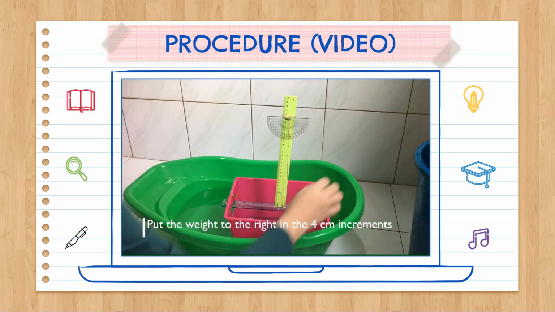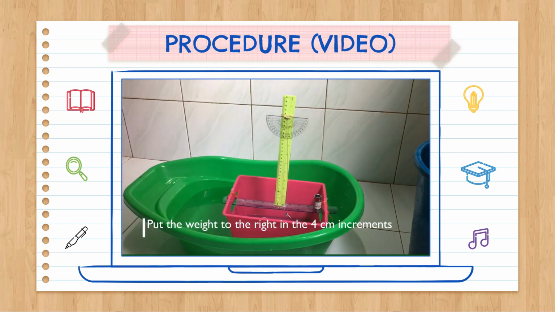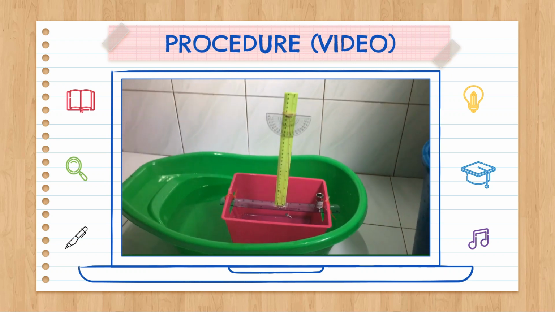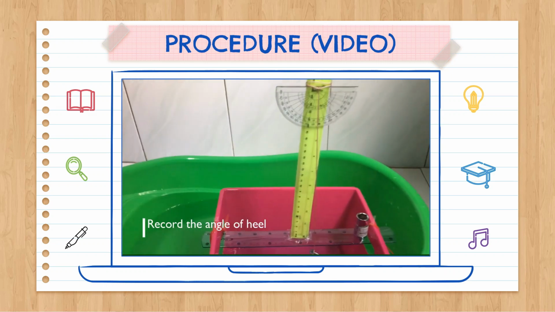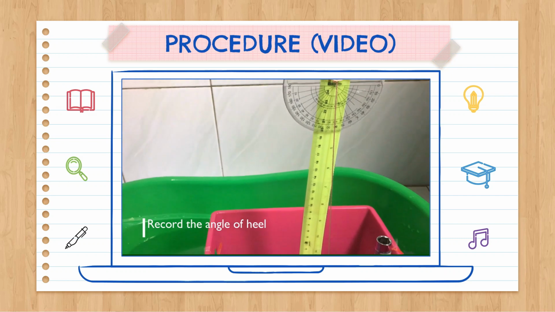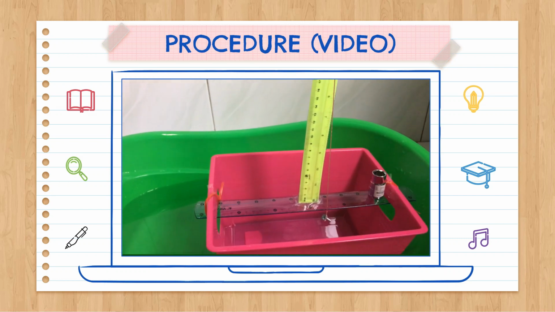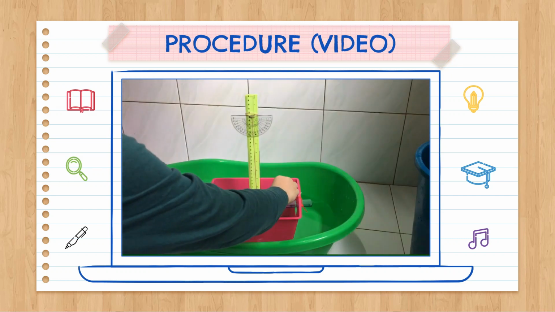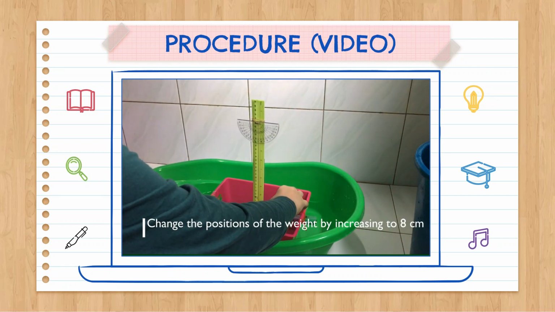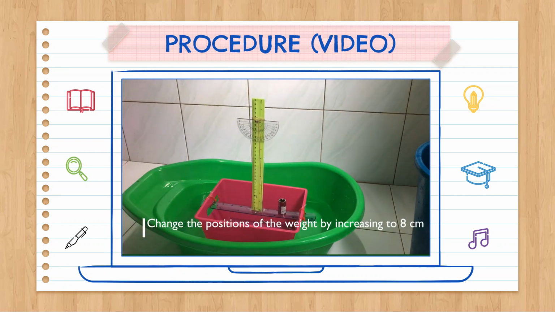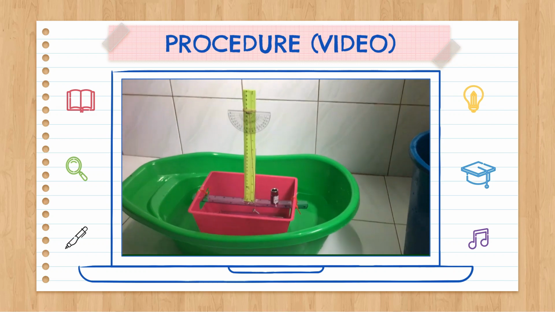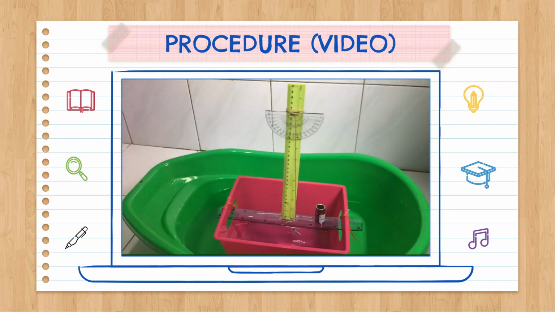Put the weight to the right in 4 cm increments to the end of the scale and record the angle of heel. Then, change the distance with differences of 4 cm and do the same procedure with different positions.